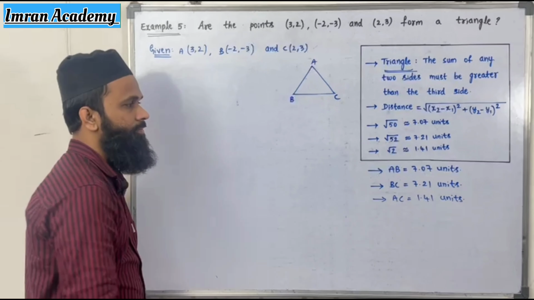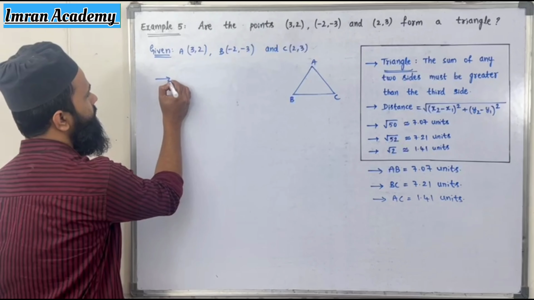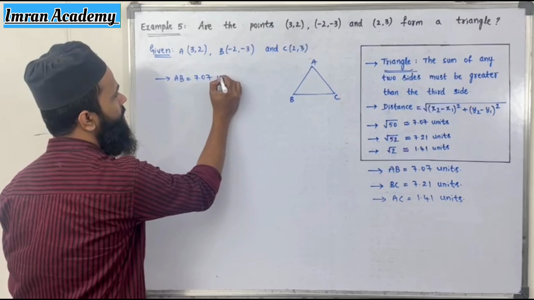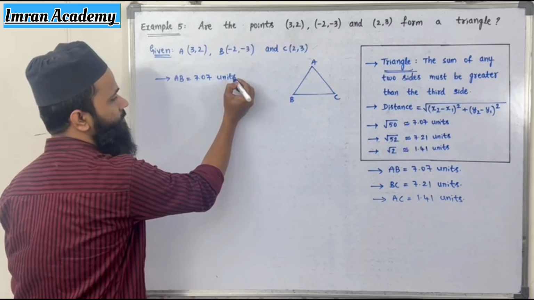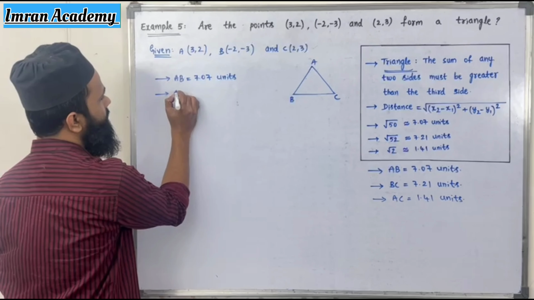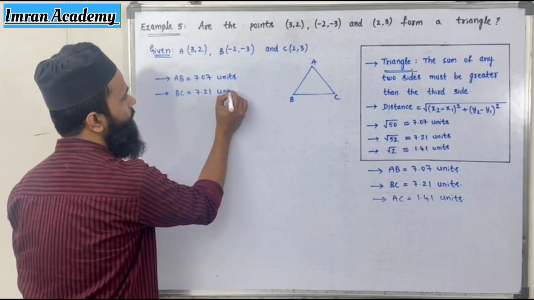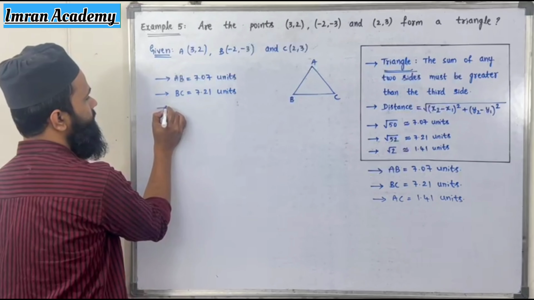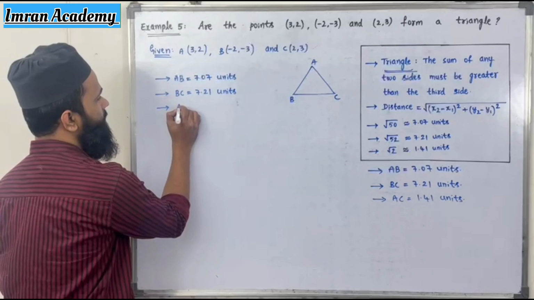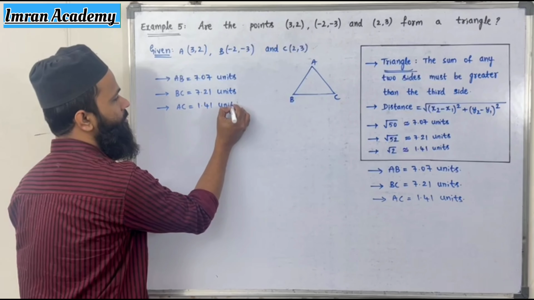Here we got AB is equal to 7.07 units, BC is equal to 7.21 units, and AC is equal to 1.41 units.